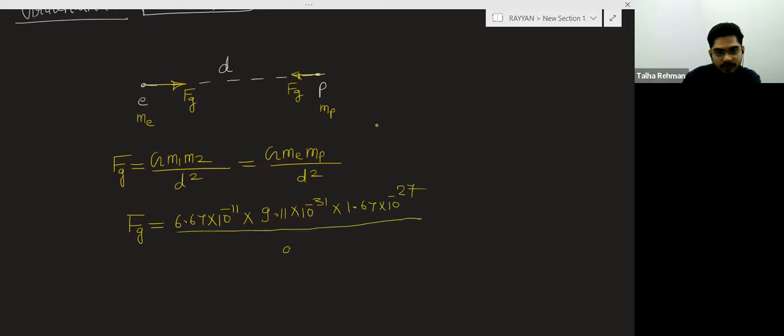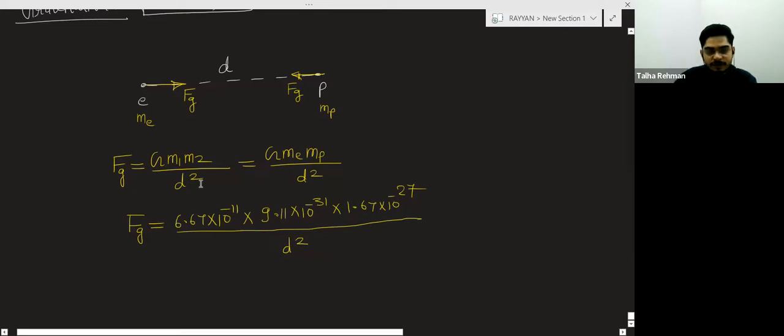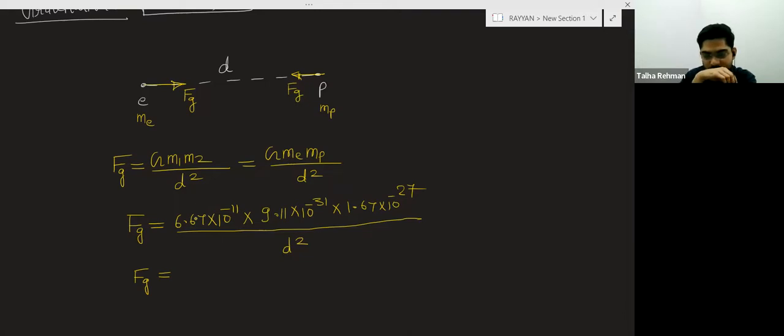And this is d square. Now we will multiply first 6.67, 9.11 into 1.67. Do this by yourself with the help of a calculator. Basically you will get this value, 101.47.